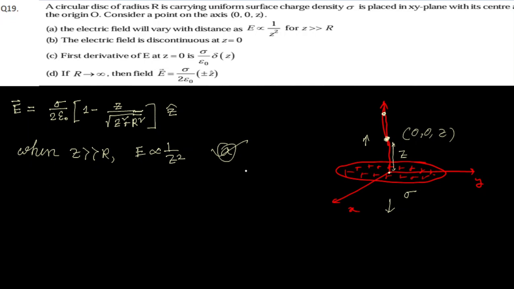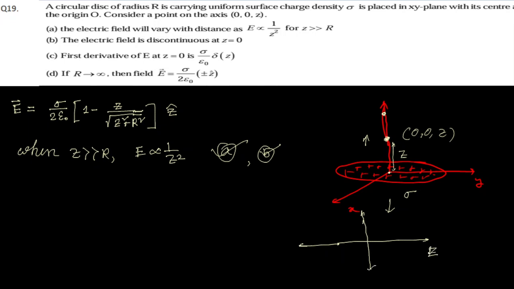So option B is also correct. And then the first derivative of the electric field at z equals 0 is sigma divided by epsilon naught delta z. Okay, for that let me read all the variations of the electric field as we have discussed in the last class.